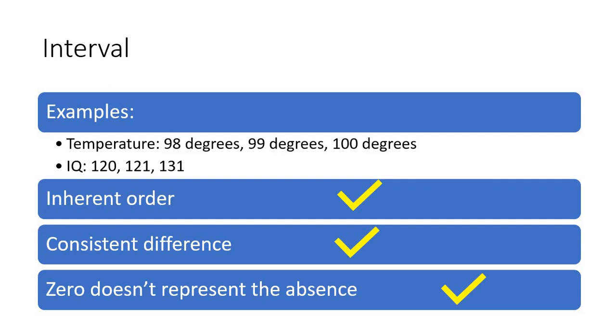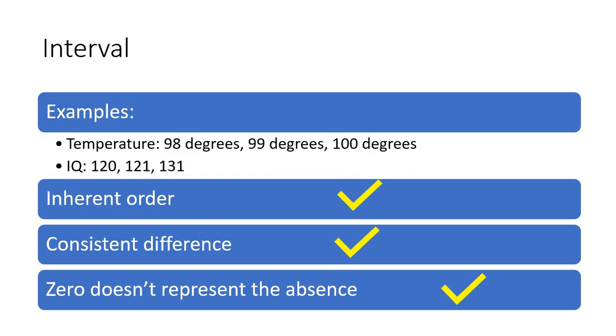However, unlike the previous scale, the ordinal scale, in which the difference between categories is not consistent, here the difference is consistent. There is the same difference between 98 and 99 as there is between 99 and 100.